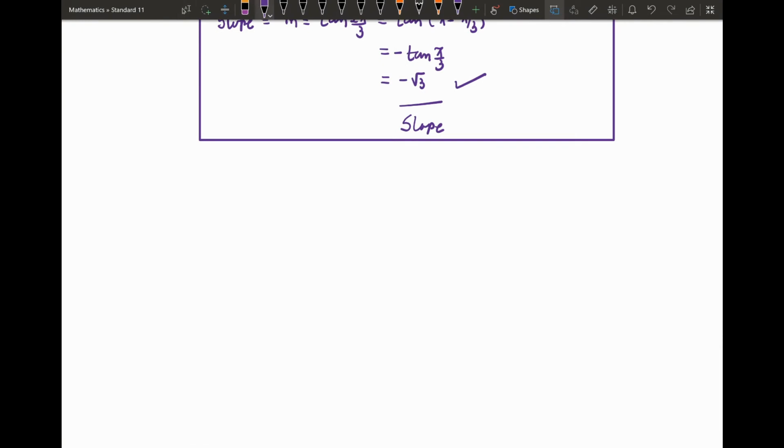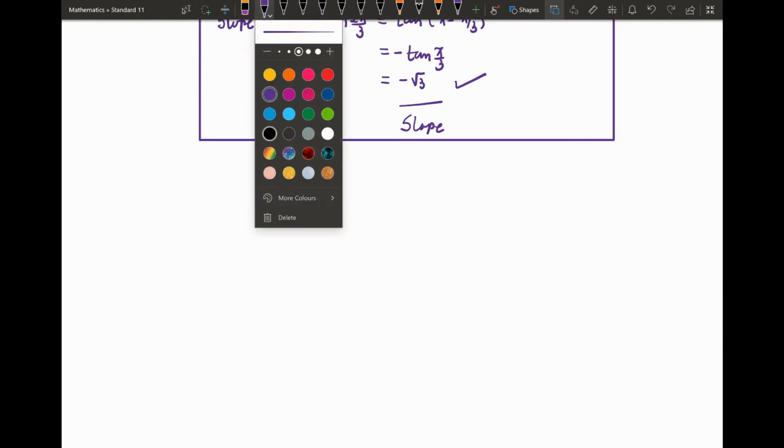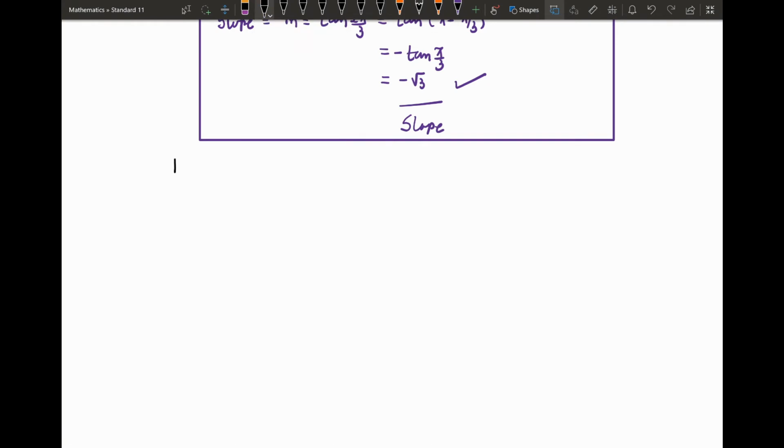So let us solve the problem using this method. Solution. Here the point x1 comma y1 equal to 0 comma 2.